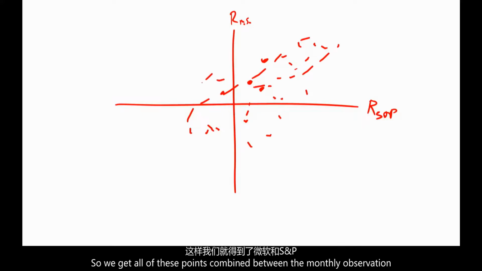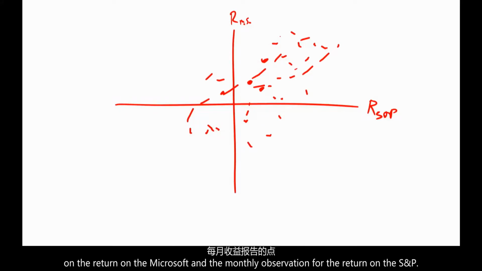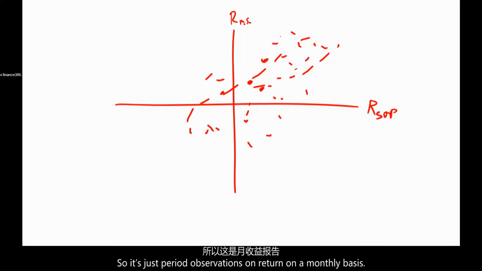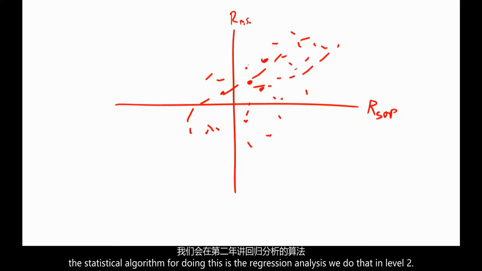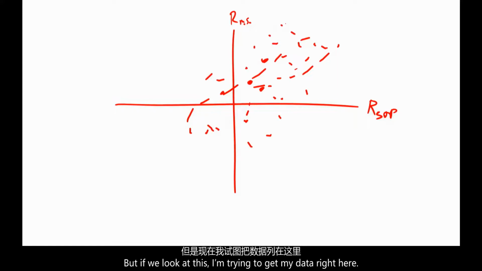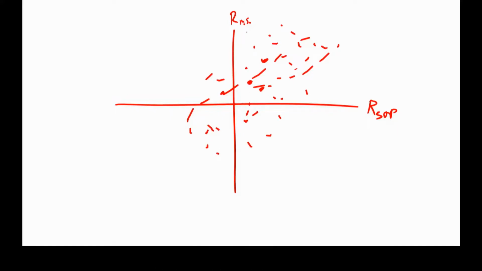So we get all of these points combined between the monthly observation on the return on Microsoft and the monthly observation for the return on the S&P. So it's just paired observations on return on a monthly basis. Well, we can talk about the statistical algorithm for doing this regression analysis. We do that at level 2. But if we look at this, I'm trying to sort of get my data right here.